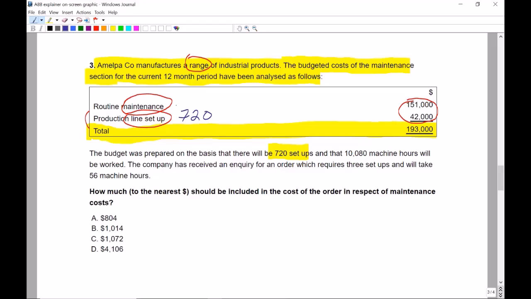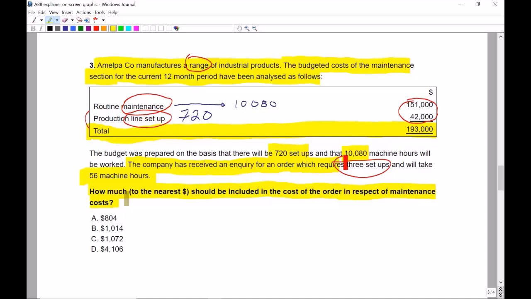So we could assume that it's the machine hours that are driving the maintenance costs, and we can put a 10,080 there. Now, here is the ask. How much should be included in the cost of the order in respect to maintenance costs? At this point, why don't you pause the video and see if you can do this question on your own.